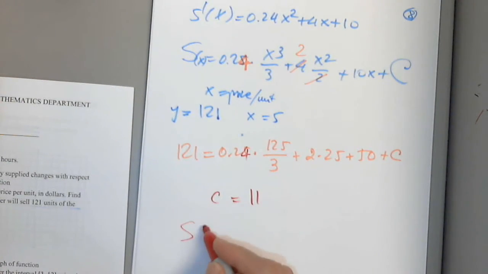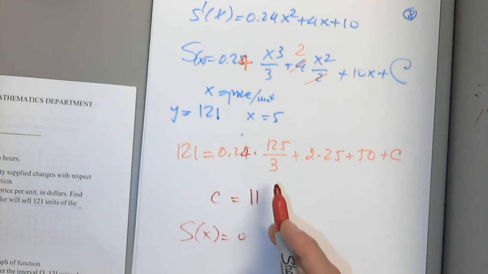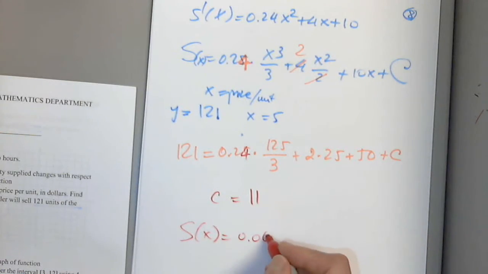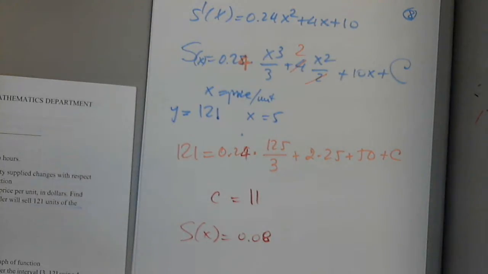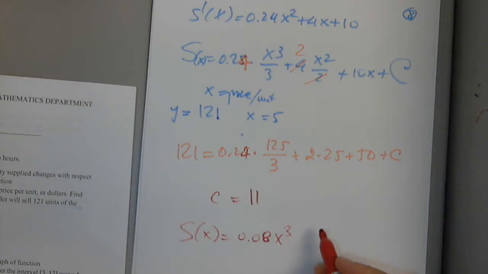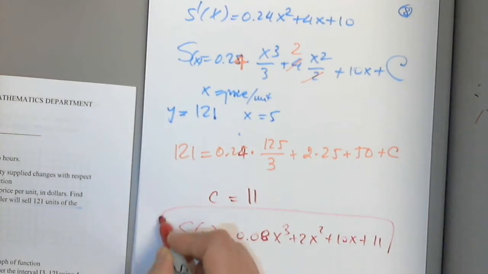So then the function is 0.08 times x cubed plus 2x squared plus 10x plus 11.